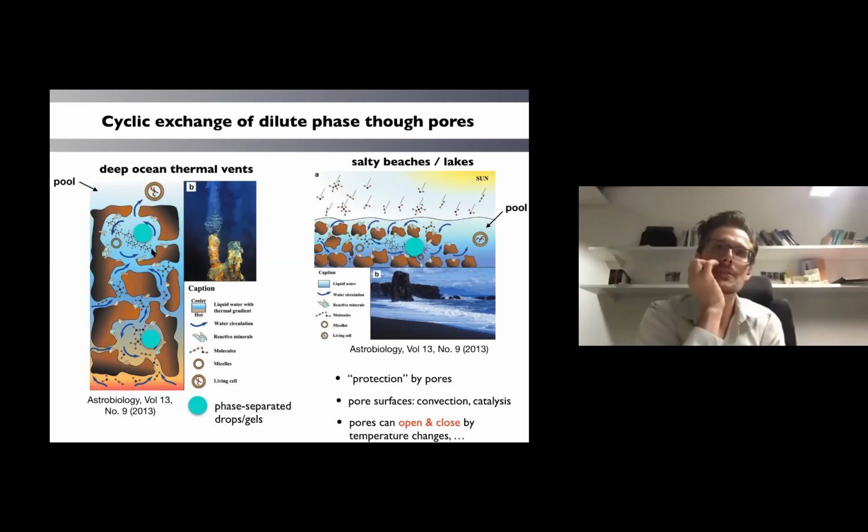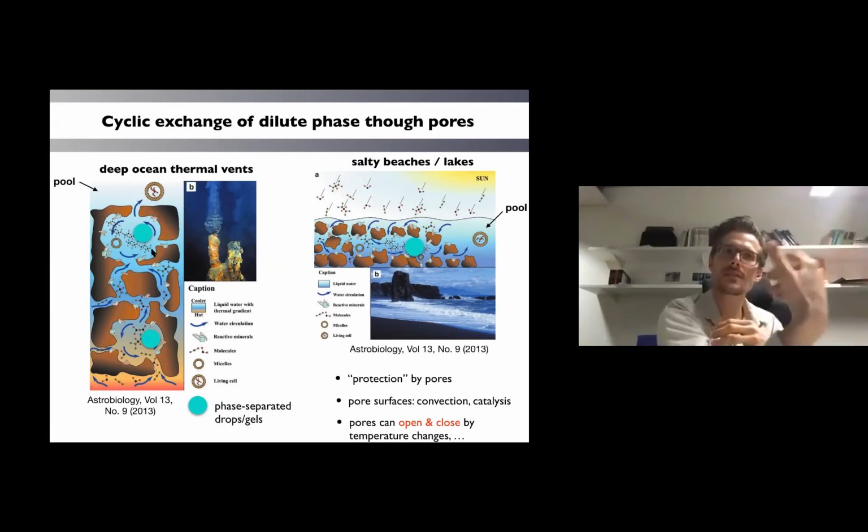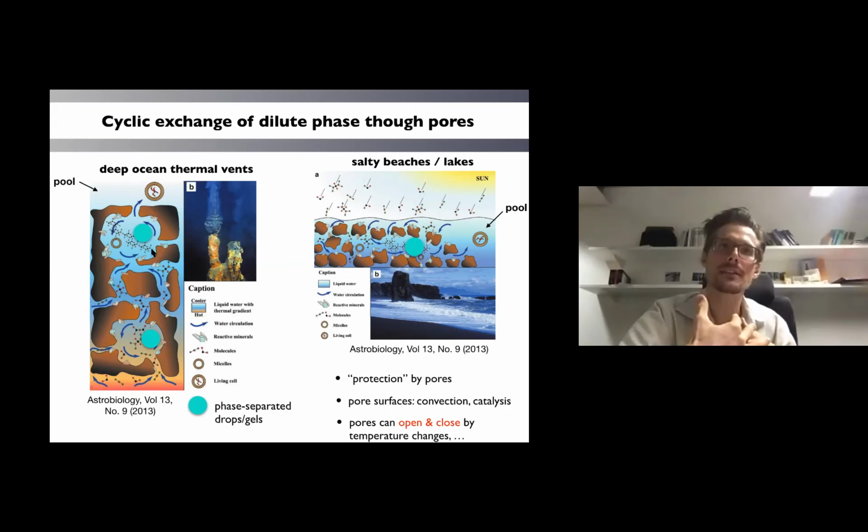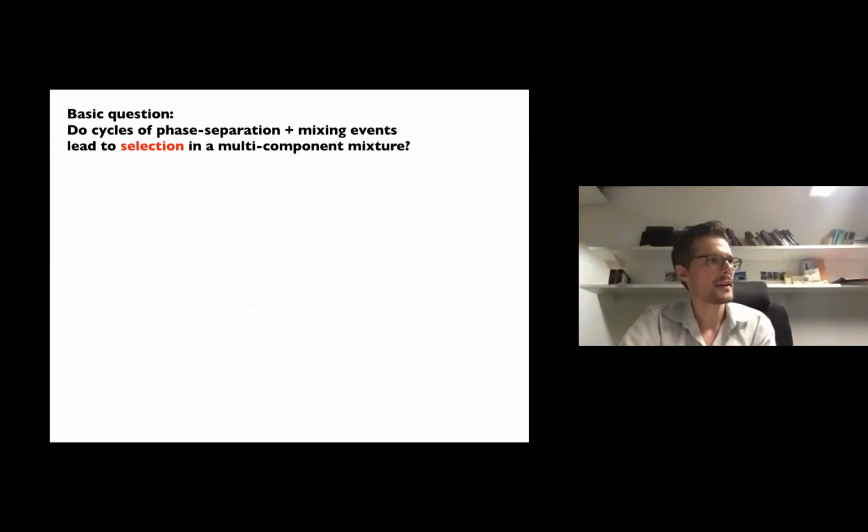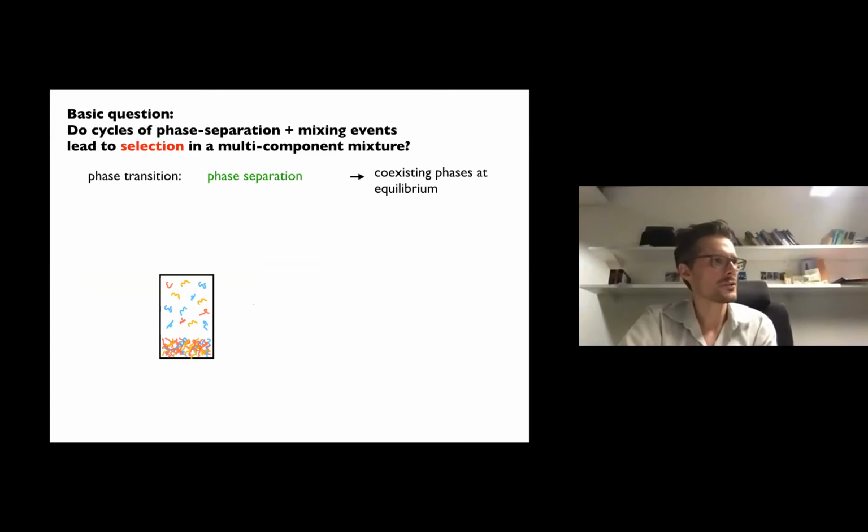But we just want to extract the main key feature: combine phase separation and cycles, where you're either exposed to a pool, where you can exchange your outer concentration with the pool, and then you isolate it again for some time period, and then you can exchange it again. And the question is, can you evolve away from the pool by several cycles of phase separation? The quick spoiler is yes, you can, and I'll show you now how.